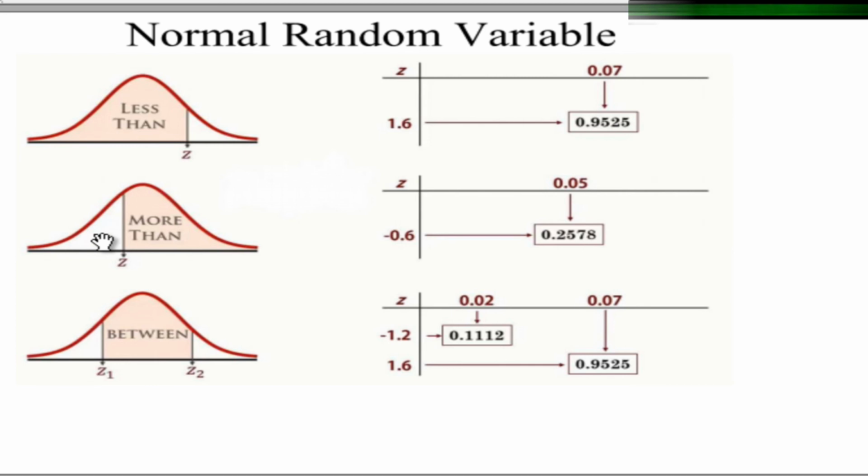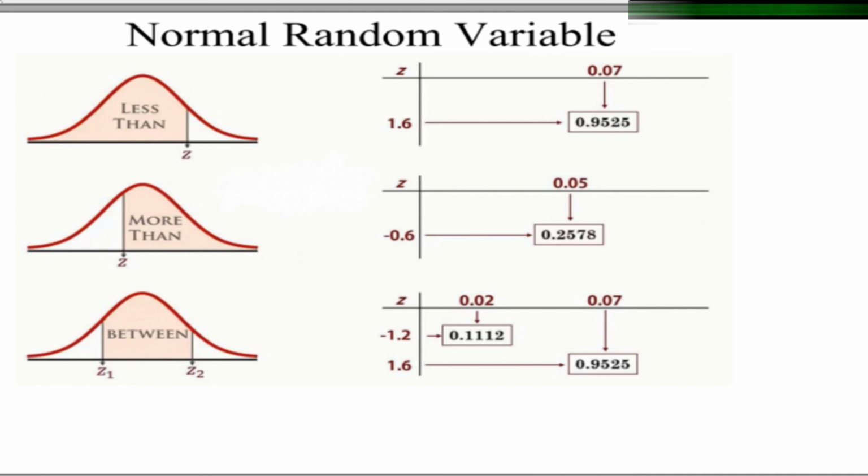You will use the customary method and find the value which is less than this z, and then subtract it from 1. Okay, if you want to find the value which is between 2 points, you have to find the first value and second value and subtract one from the other. Okay, so this is the summary of this overall lecture and overall example which we have discussed.